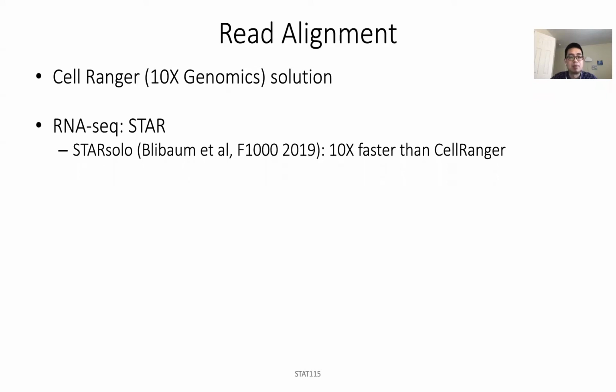So what you can do is call peaks again just within each cluster, then merge all the peaks together and regenerate the count matrix. Now you will have more peaks than before, because you have a lot more cluster-specific peaks.